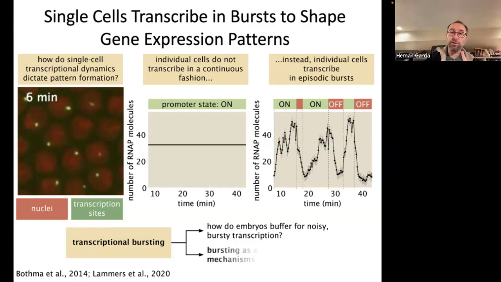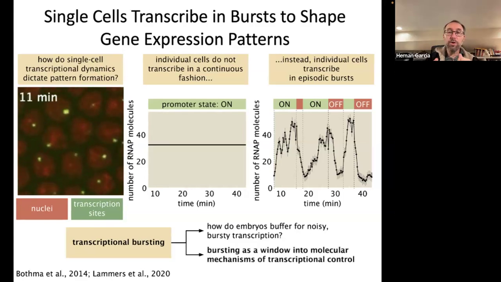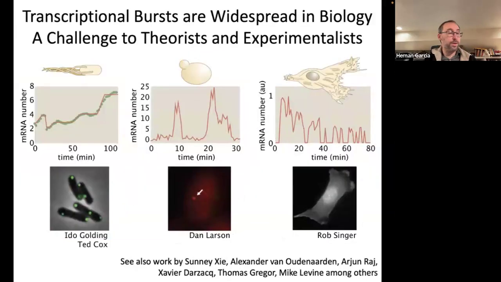But what I want to focus on today is a different question, which is, can we use bursting as a window into the molecular mechanisms of transcriptional control? Okay. And let me just say that bursting is not something that is isolated to flies or to a particular gene. It seems to be the rule rather than the exception. We keep finding it all over the place in animals, but also people have seen it in bacteria, in yeast, in cells in culture.